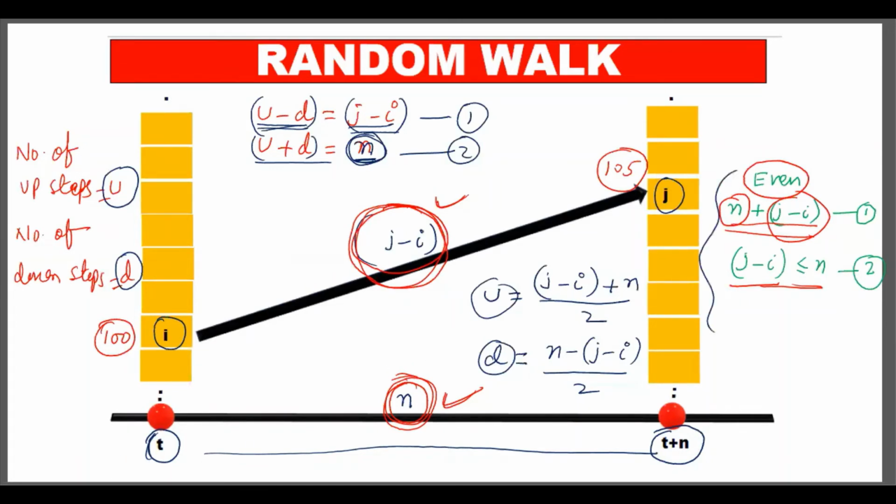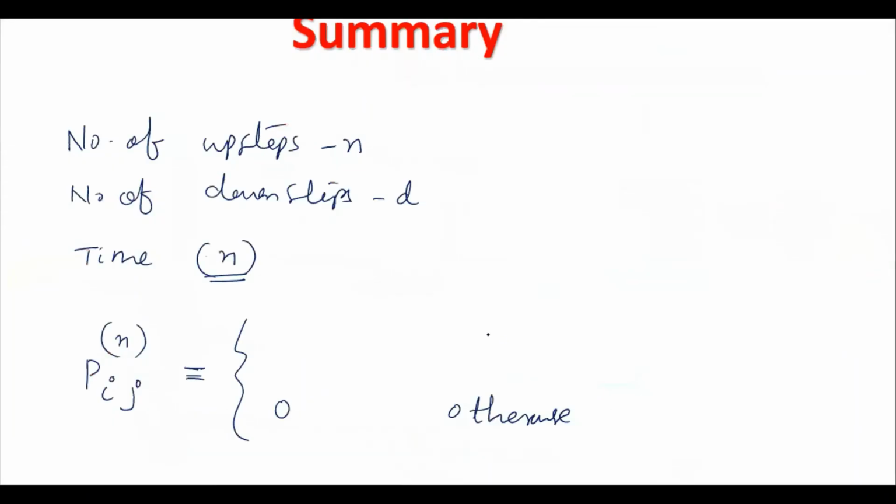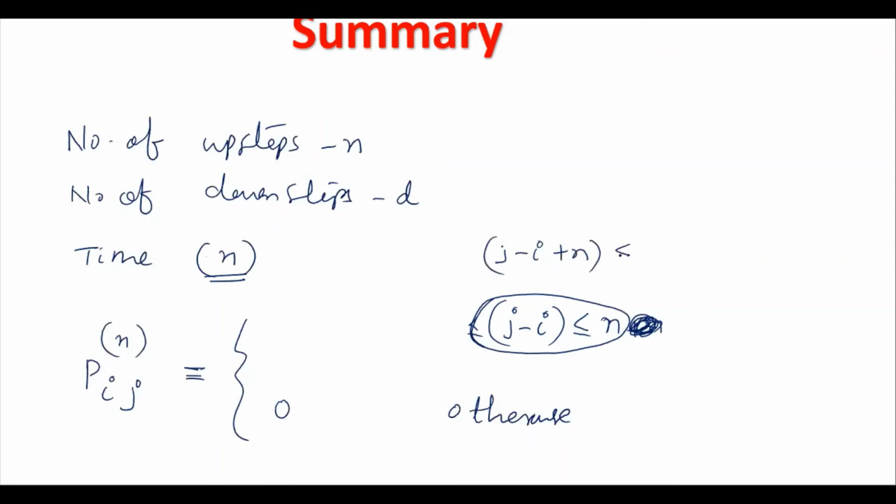Conditions will be mentioned. Under what condition? j minus i should be less than or equal to n. This was our condition. Otherwise, I can write it this way also: j minus i plus n less than or equal to 2n.